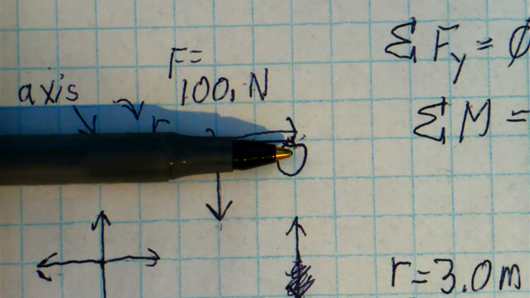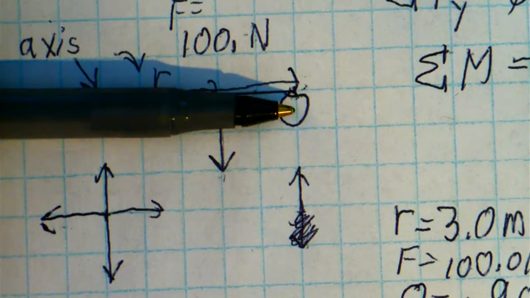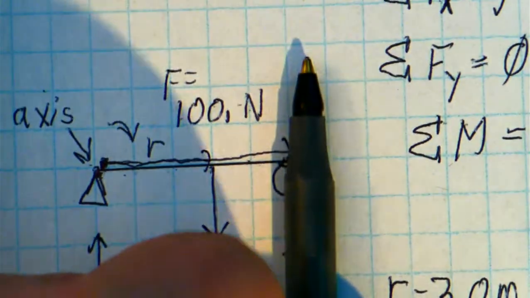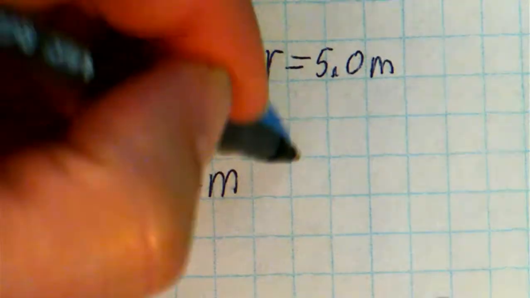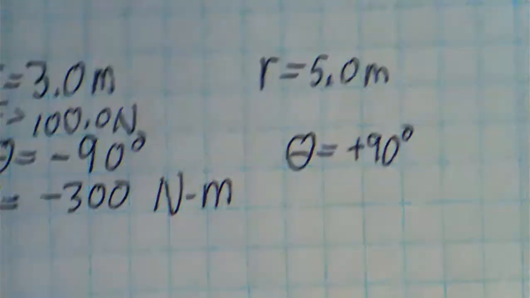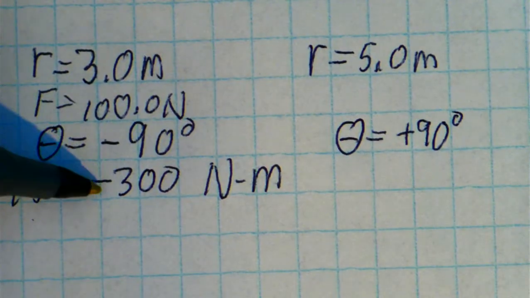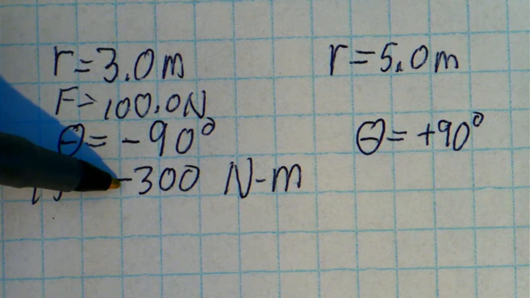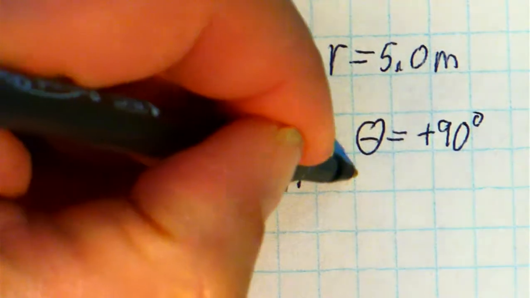Again, R happens to be horizontally to the right, and the reaction force through the roller is 90 degrees in the counterclockwise direction. So the angle is going to be positive 90 degrees. The moment has to cancel the 300 Newton meters caused by the load acting at 3 meters. So the moment must be positive 300 Newton meters.